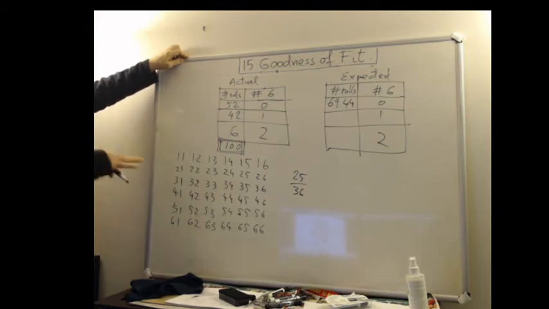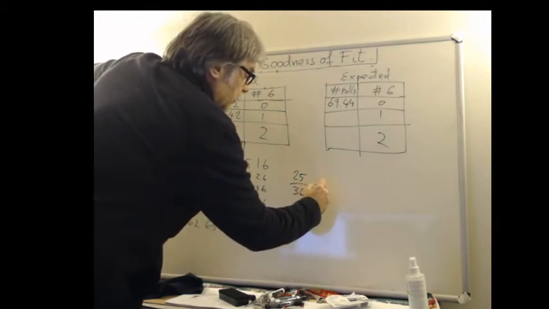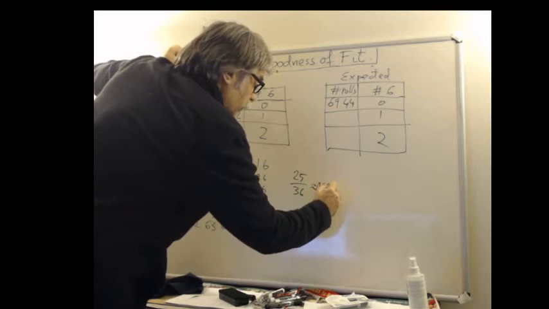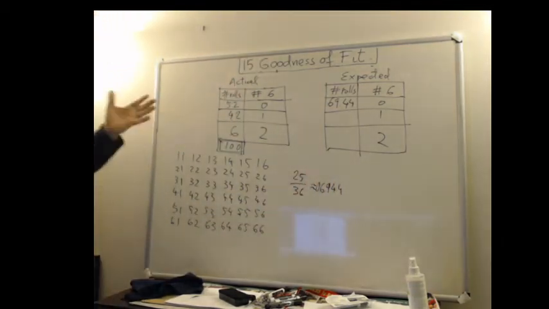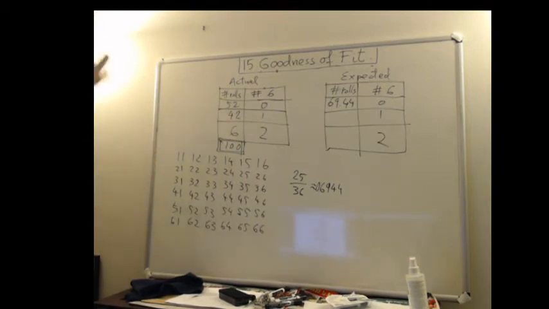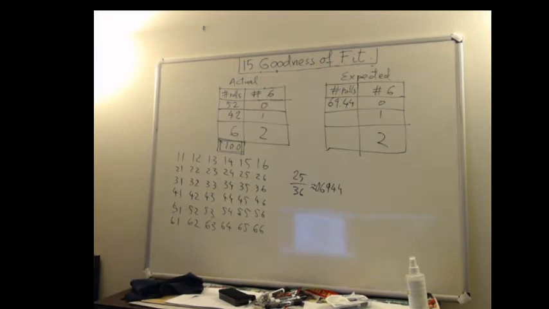That's your chance of getting something that has no 6s, and that is approximately 69.44%. Now out of 100 rolls, that should be 69.44 rolls with no 6s.